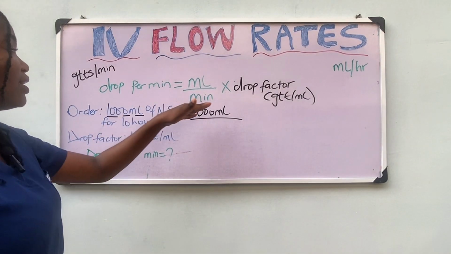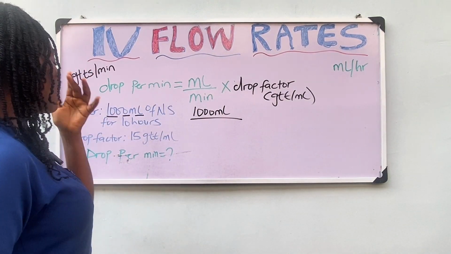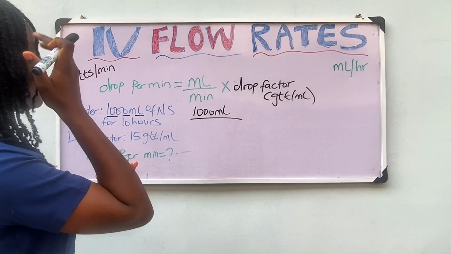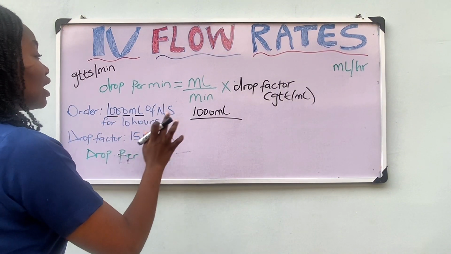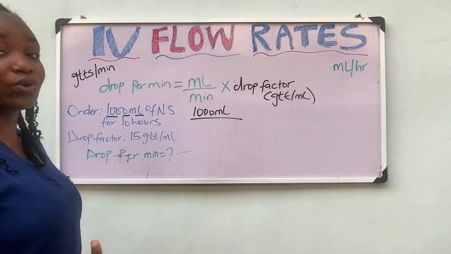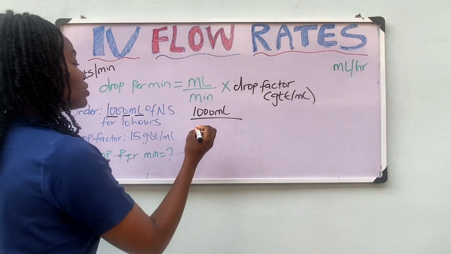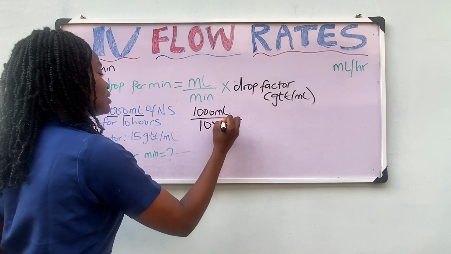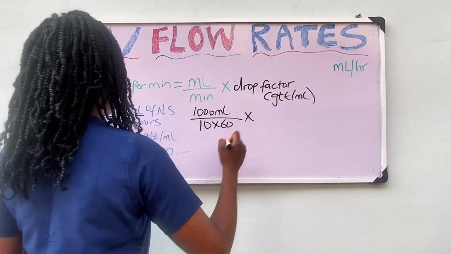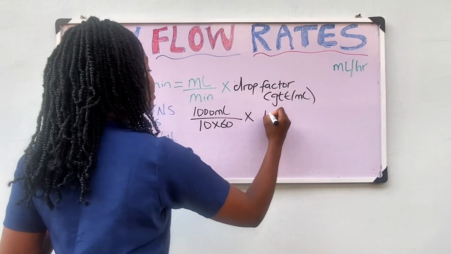Now we cannot use 10 hours because a drops per minute calculation needs the time to always be in minutes and not in hours. So we are going to convert 10 hours to minutes, and we already know that 60 minutes make 1 hour. So that gives us 10 times 60, multiplied by the drop factor of 15.